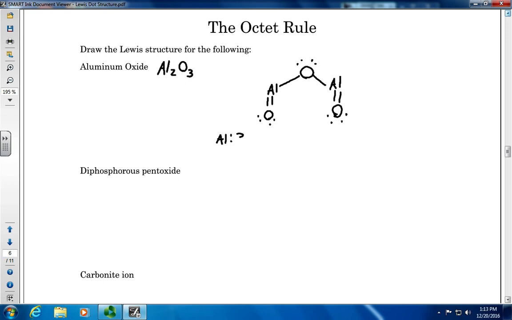Aluminum has 3 valence electrons, and each of the aluminums, none of them have any free electrons. And there are 3 bonds, so the formal charge on aluminum is 0. For oxygen, we have 6 valence electrons, and there are 4 free electrons on each oxygen, and there are 2 bonds on each oxygen, which also gives us a formal charge of 0, which would seem to indicate that this is in fact the most stable conformation of aluminum oxide in this particular case.